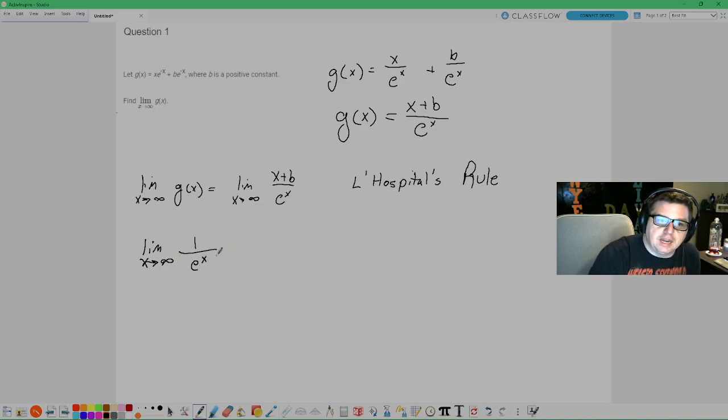And then once you've taken the derivative of the top and bottom, then we substitute our x, or whatever our value is, back into our limit to see if we get something. Which we do, because 1 over e to the infinity actually approaches 0. So the limit as x approaches infinity of g of x actually goes to 0.